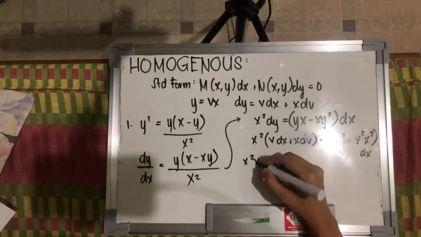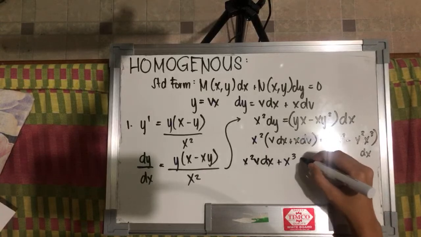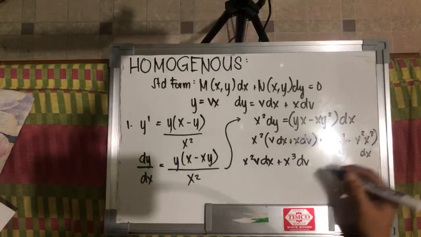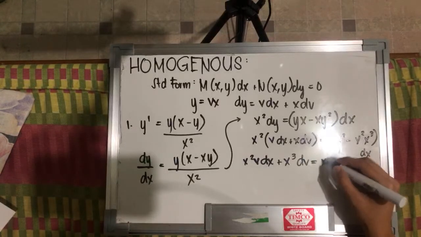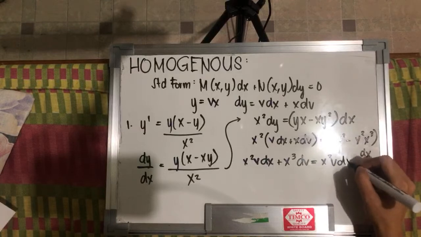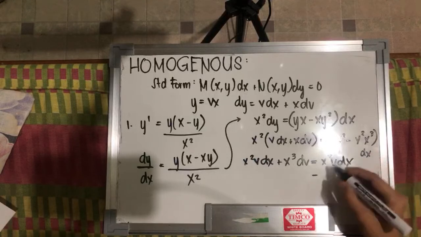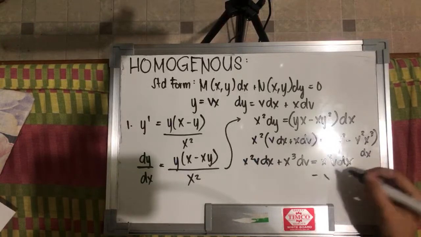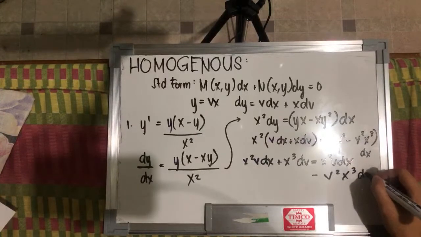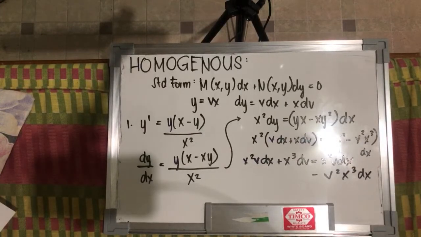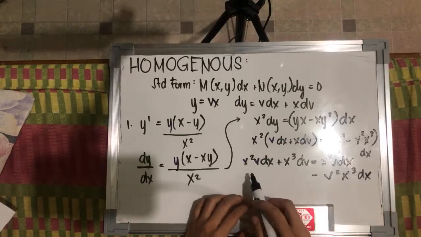x squared v dx plus x cubed dv is equal to x squared v dx minus... so combine similar terms dx.